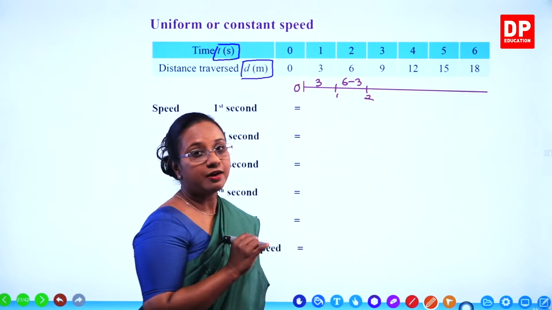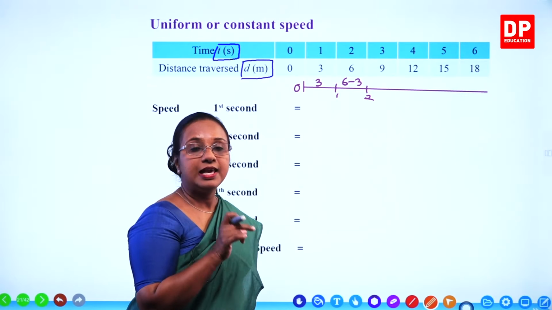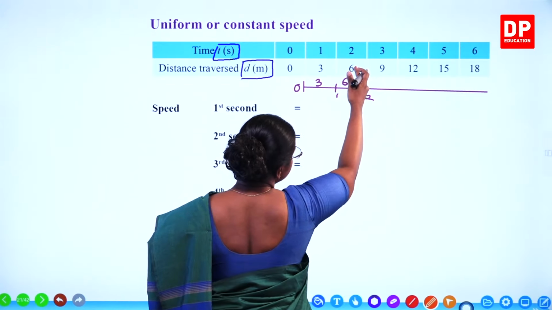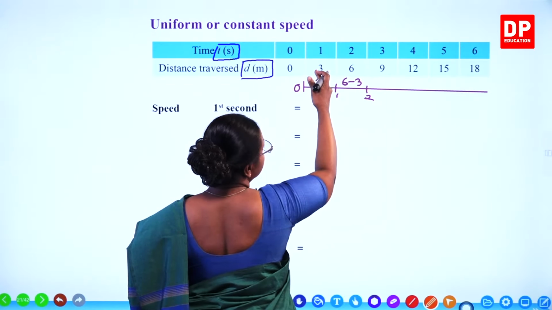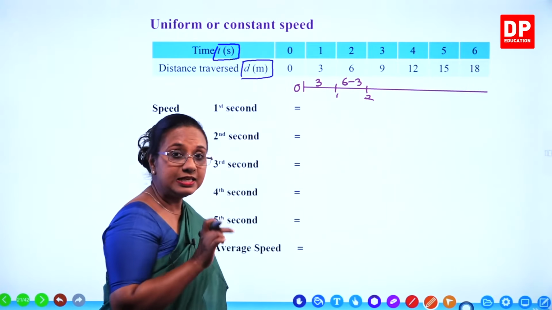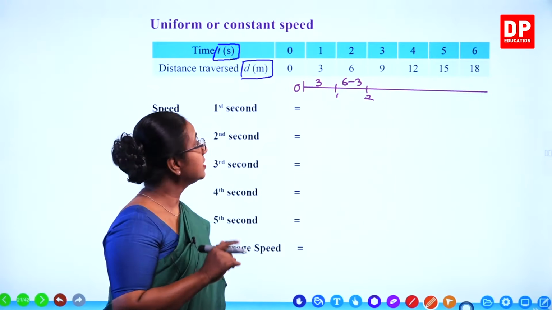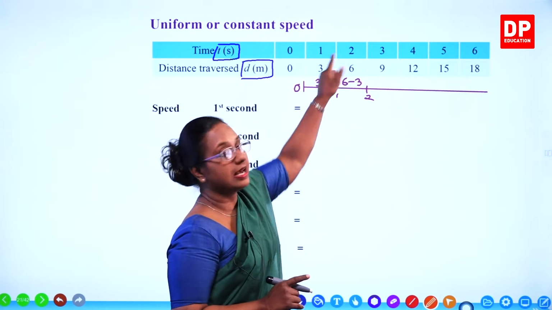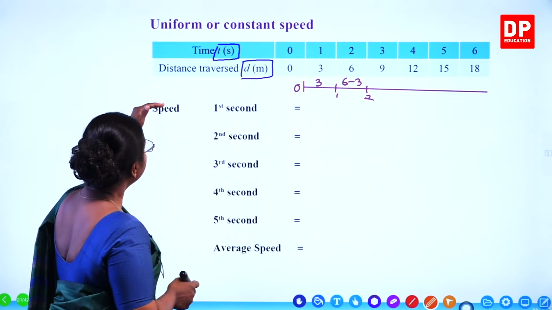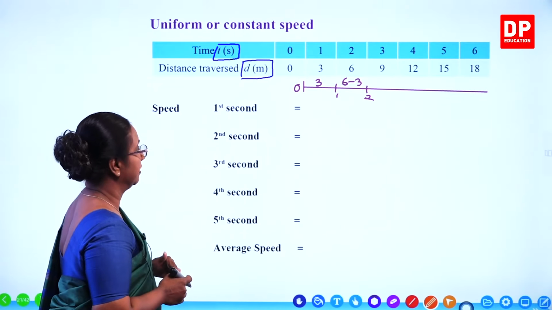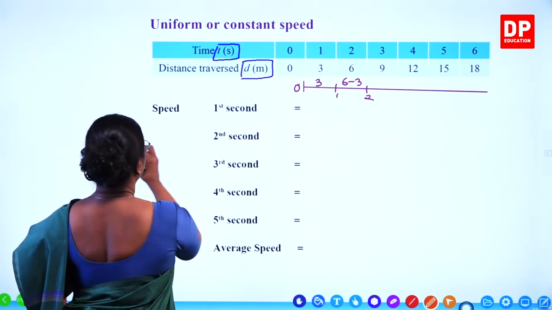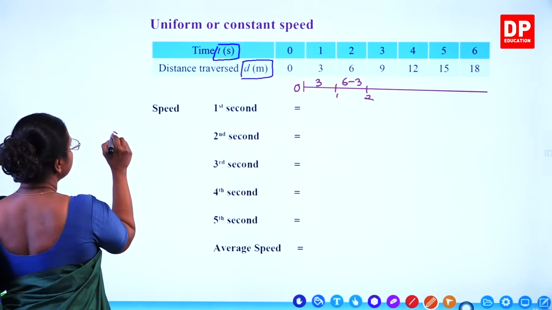So we will have to always take the difference. This is the final distance. This is the initial distance. So 6 minus 3 is the distance traversed within that second. So if we calculate the speed, the first second speed is, here you know the equation.